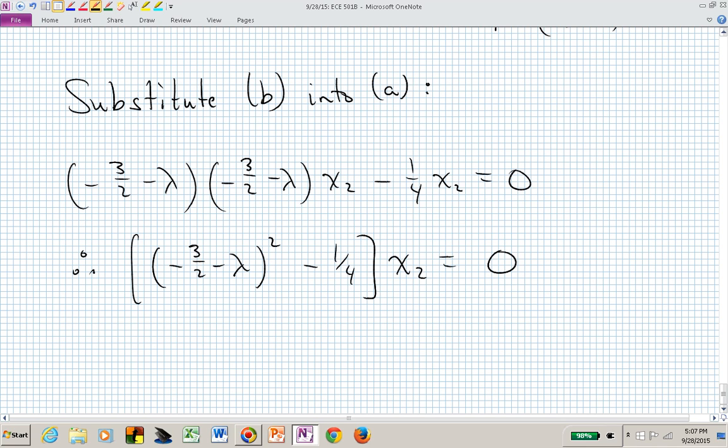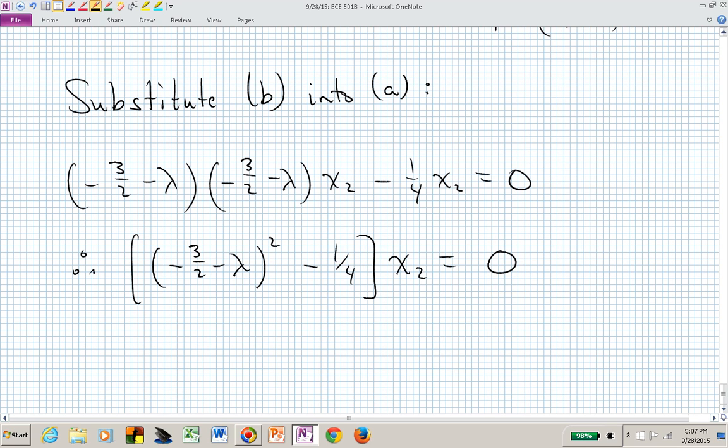So we could either have x2 equal to 0, which is a trivial solution. We really don't want that. What we want is a non-zero x2. If we want a non-zero x2, then we want that bracketed expression to equal 0.